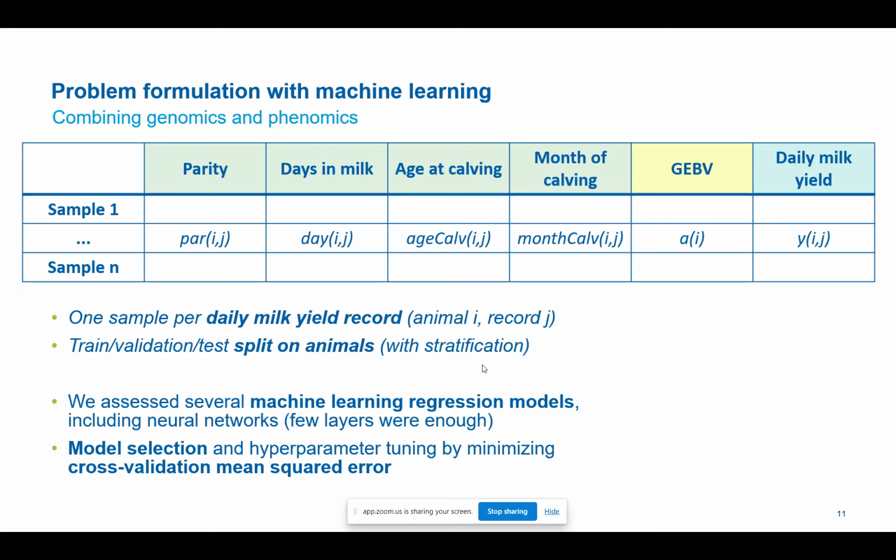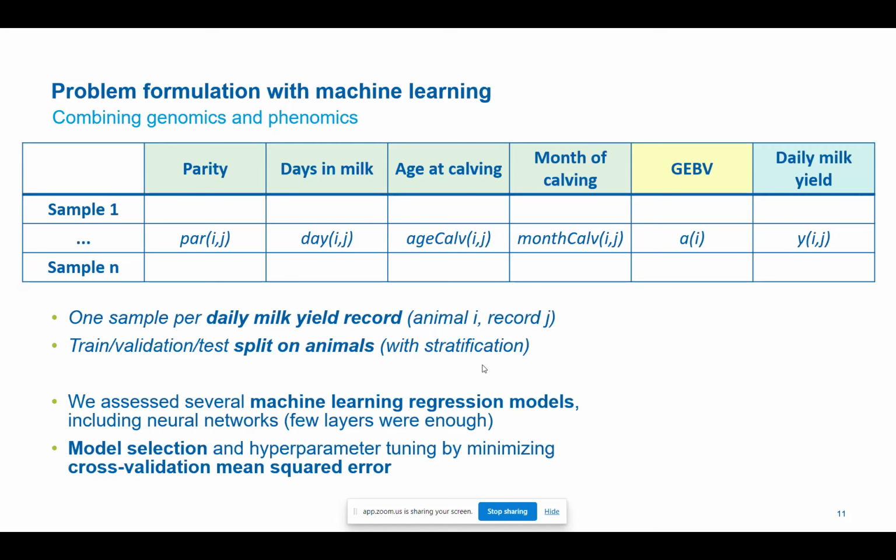But what we wanted to achieve is, for a newborn cow that you have never seen producing, can you say something about its production in the future, in the first lactation and also in subsequent lactations, based on its genetics, the age when calving will start and the month when calving will start?